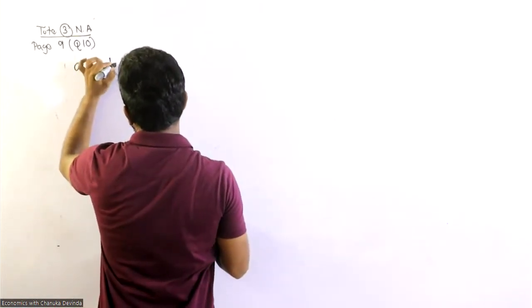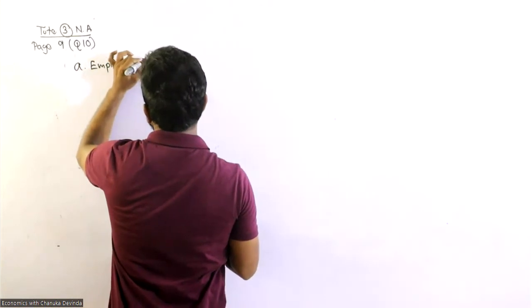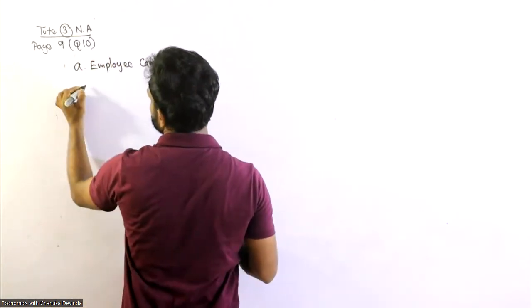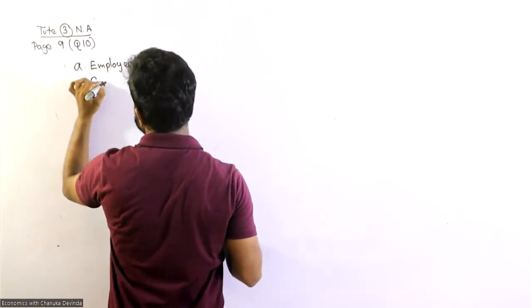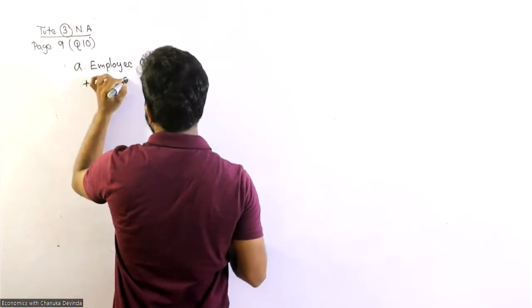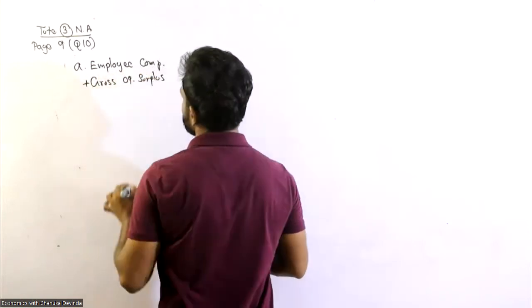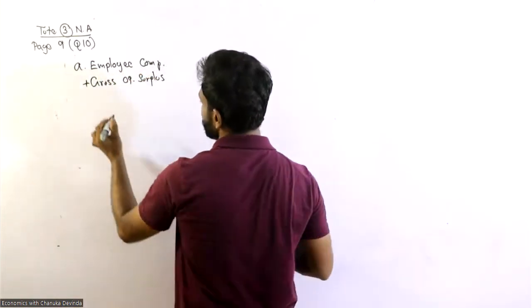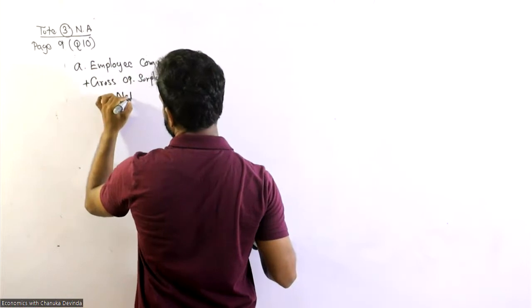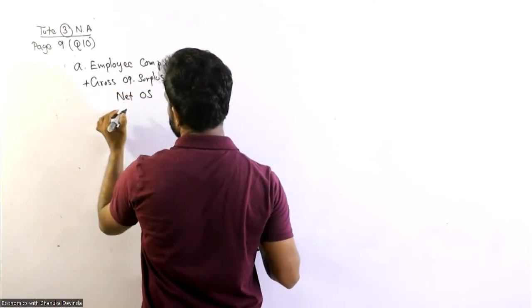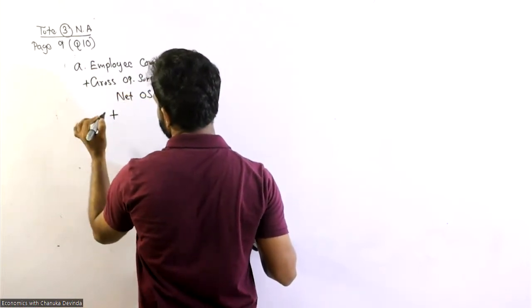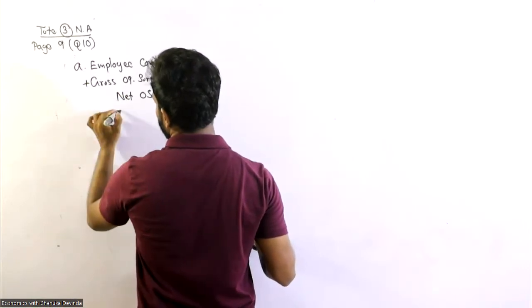Employee compensation plus gross operating surplus. Gross operating surplus, how to calculate? Net operating surplus plus mixed income plus CFC.